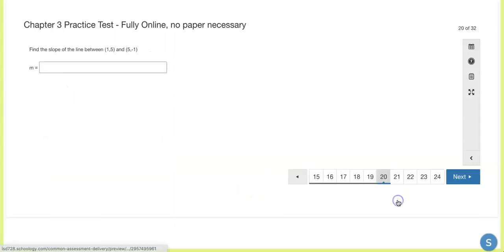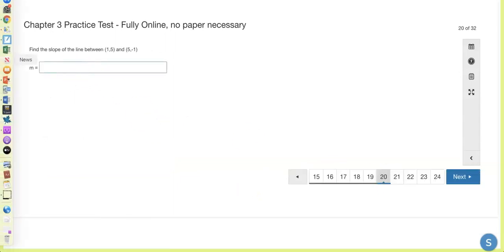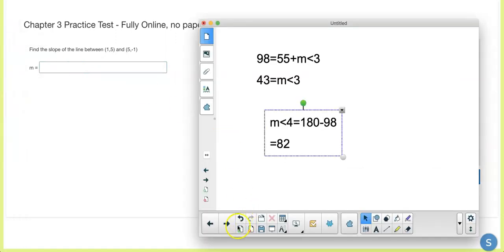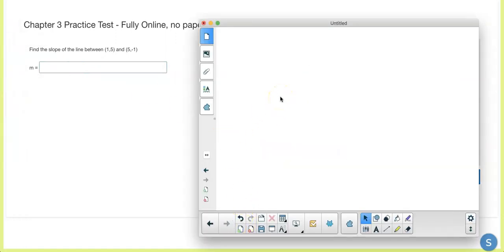Okay, number 20, find the slope of the line between (1, 5) and (5, negative 1). Okay, slope of lines, what you're doing is you're doing a fraction. On top of the fraction, it's the change in y. So my y's are 5 and negative 1.